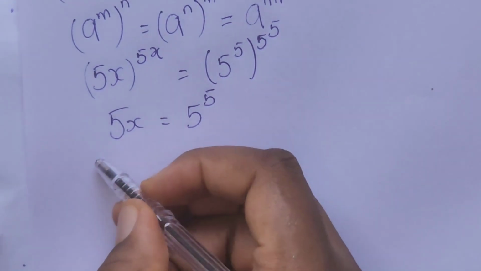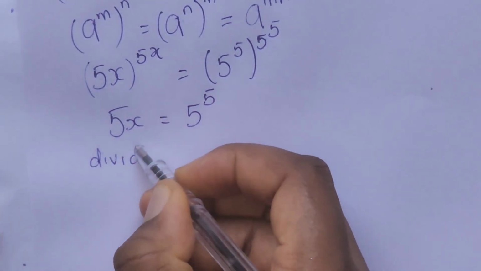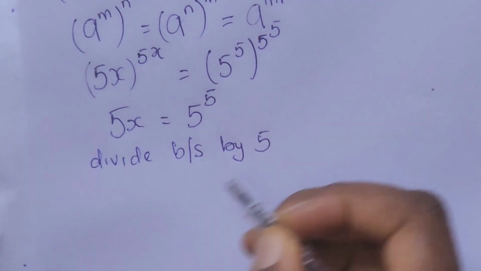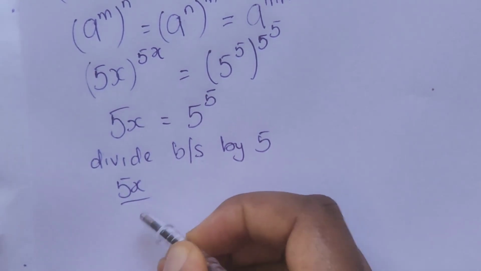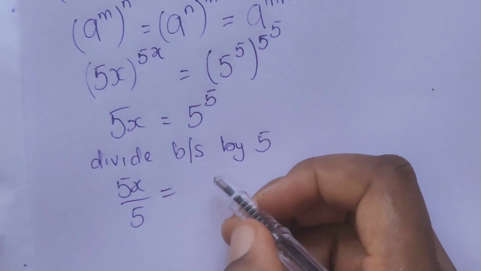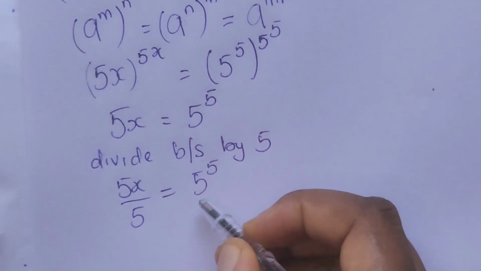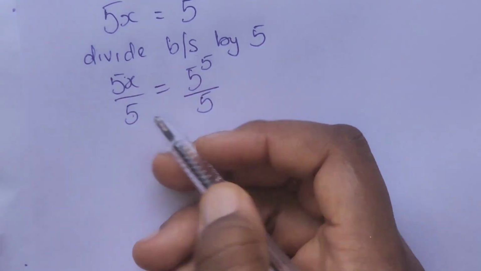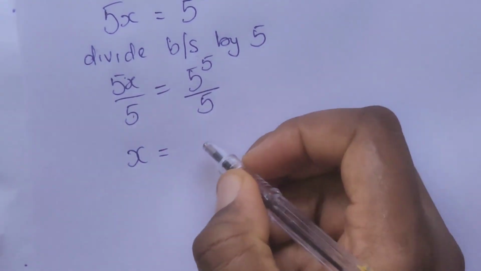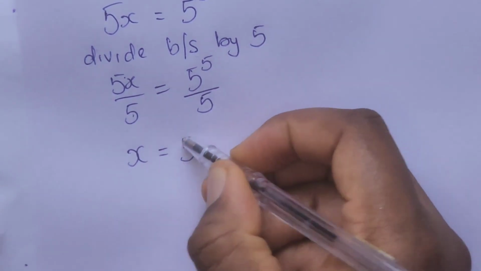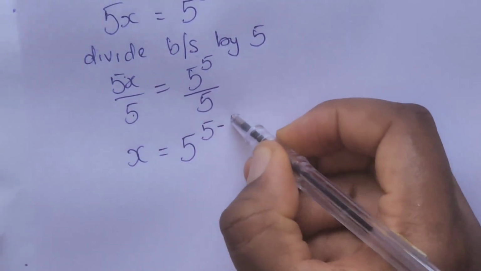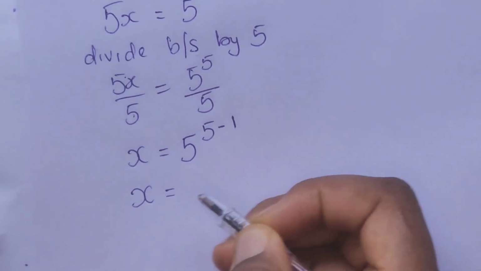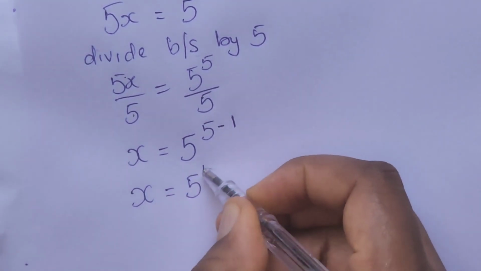So from here we can divide both sides by 5, to have 5x over 5 should be equal to 5 to the power of 5 over 5. So this will cancel this, we have x to be equal to 5 to the power of 5 minus 1.